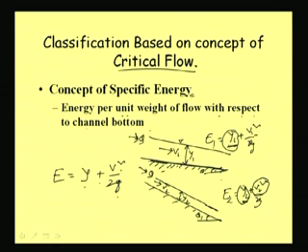And if we just change this slope, this energy level is changing, and for a particular slope we may have a situation for which we have the minimum specific energy. That means, if I draw a graph, it will be like that.